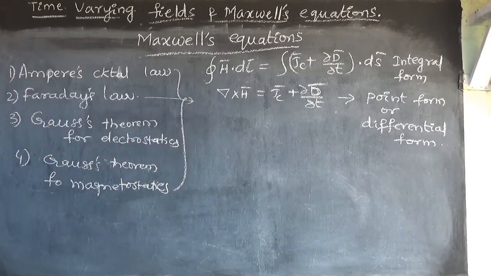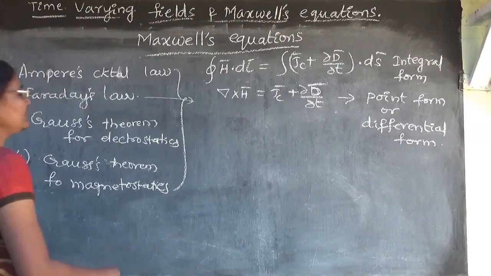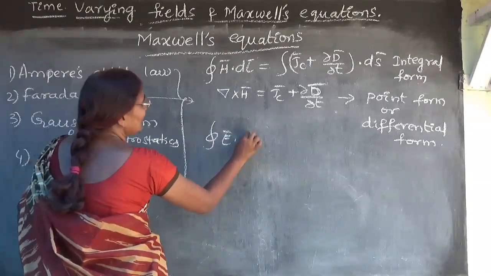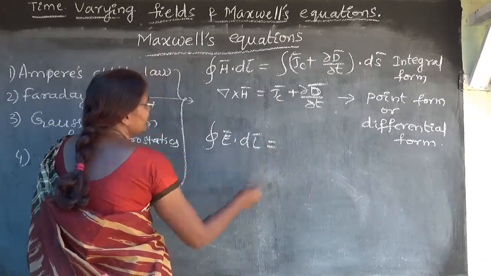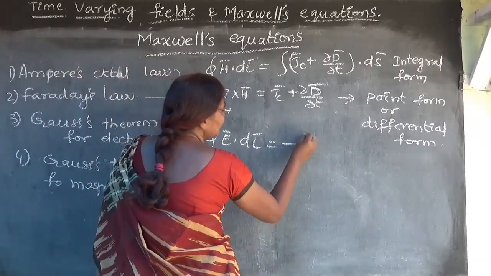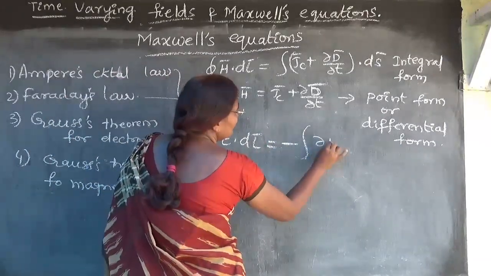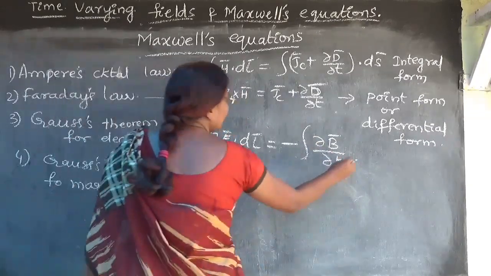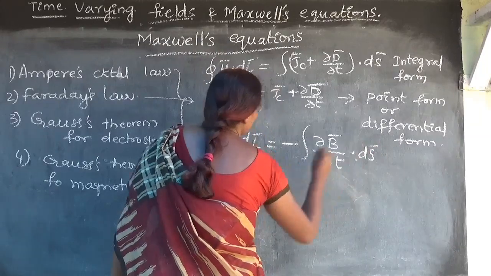What we derived in the previous class, while dealing with the EMFs, is that the integral of E bar dot dl bar is equal to minus the integral of dou B bar by dou t dot ds bar.